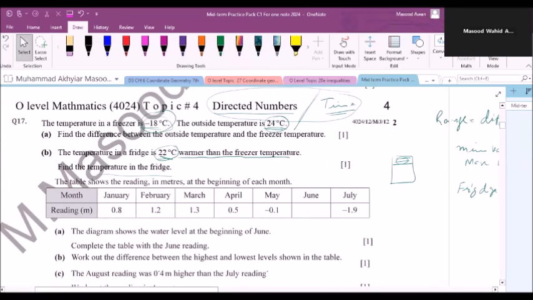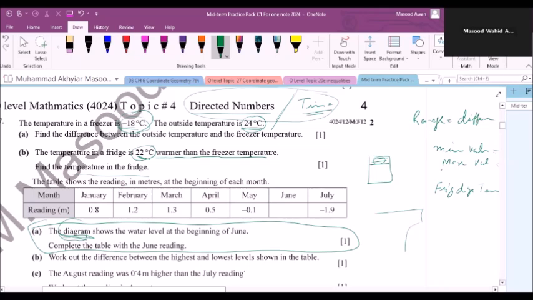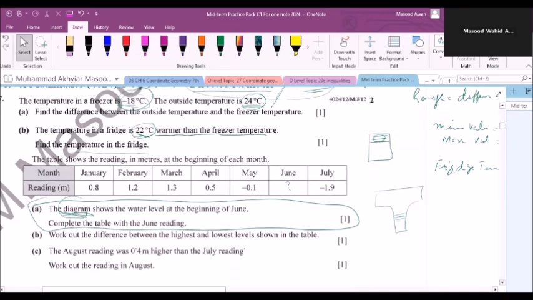Next, okay, I hope so like this. And there are some readings. We just read the thing from here to get the June reading, but it's okay. B part, work out the difference between the highest and the lowest levels.